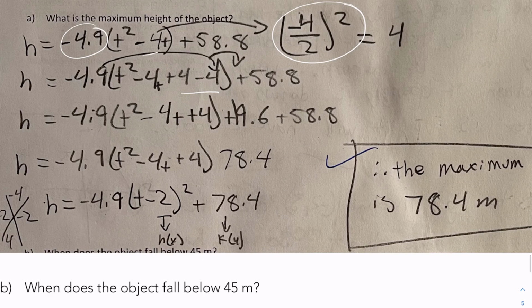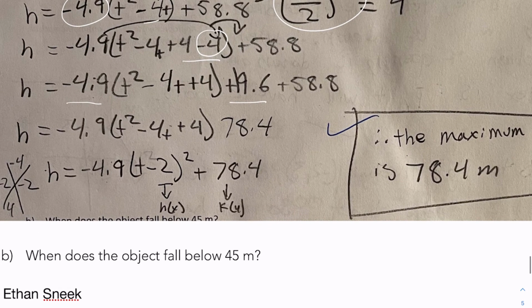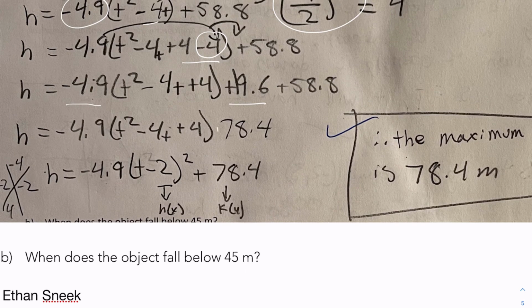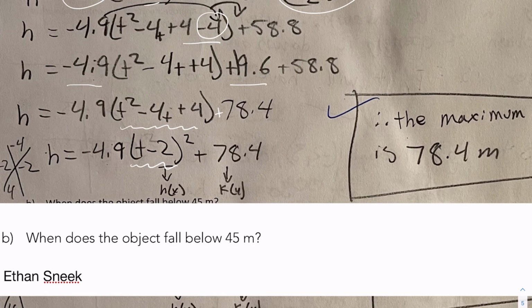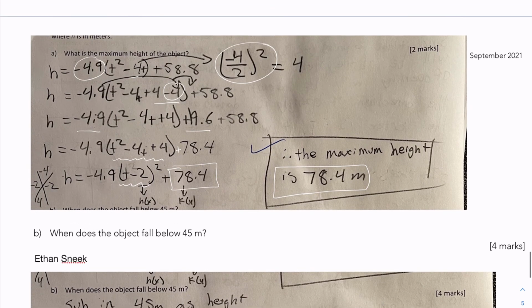Before he continues, he takes out that last one and hits it with the -4.9, which becomes the positive 19.6 outside the bracket. Added to the 58.8 is positive 78.4. What he's left with inside is a perfect square trinomial, which you can factor very easily. He ends up with his vertex form, where he can read off the maximum height of 78.4, which is just the k value, or the y coordinate of the vertex. So that was part A.